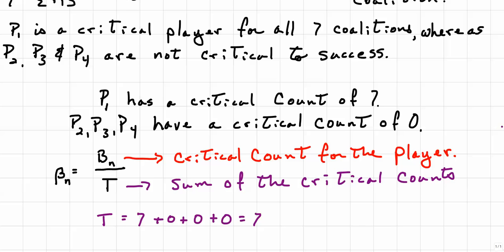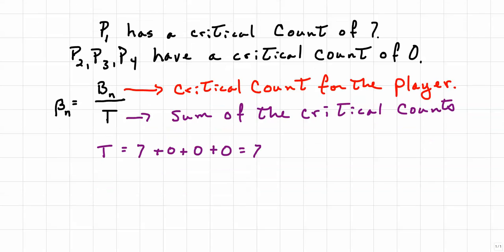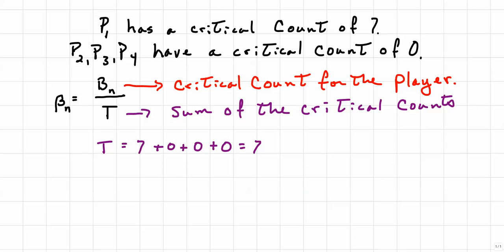And that is going to allow me to go ahead and create my power indices. P sub 1, which has a B sub 1 equal to 7 in this case. Remember, that's my critical count.